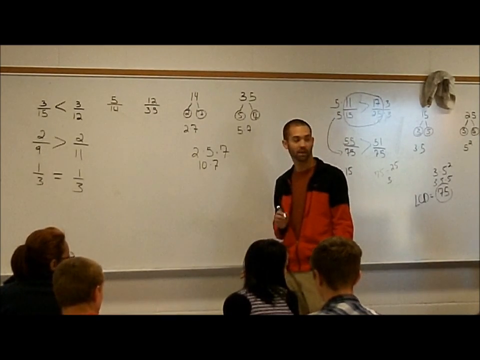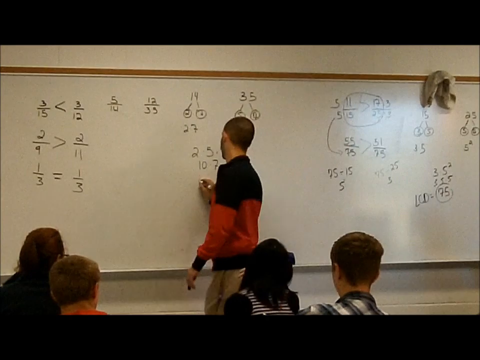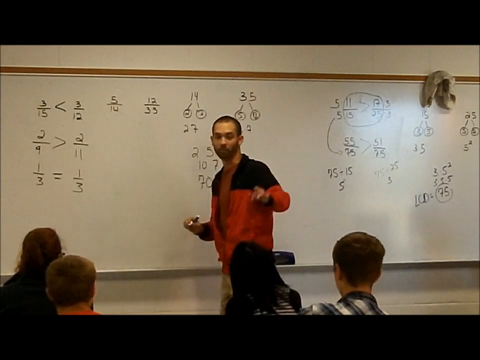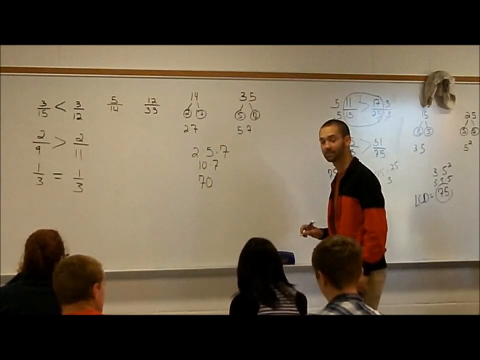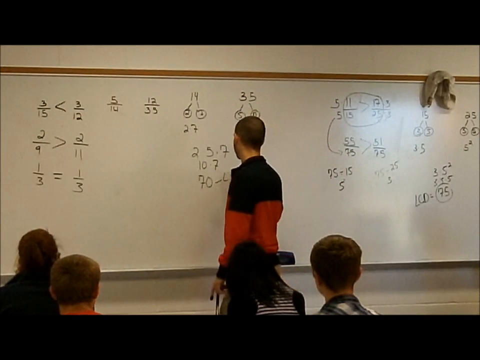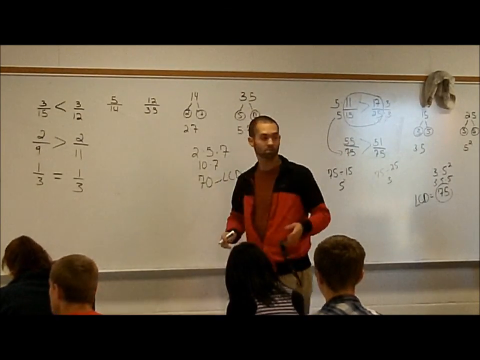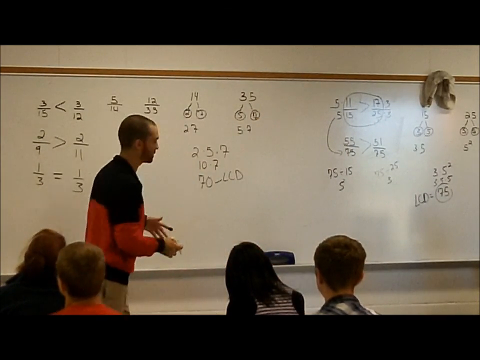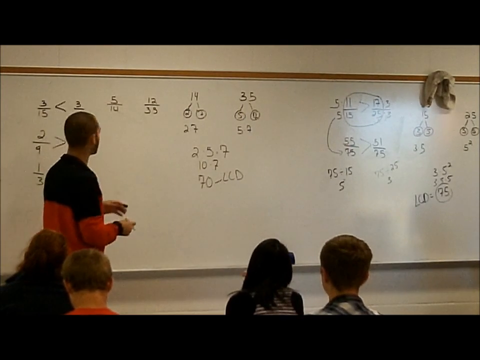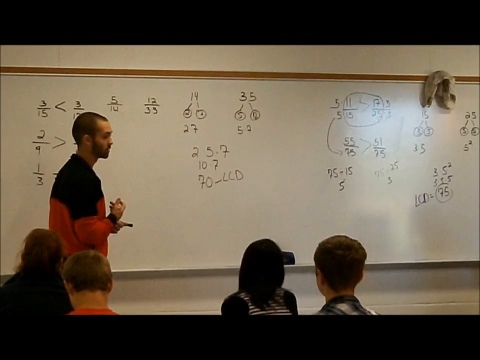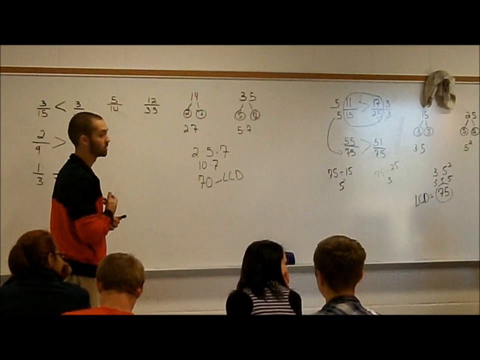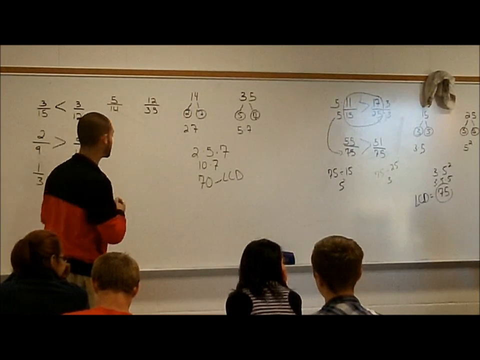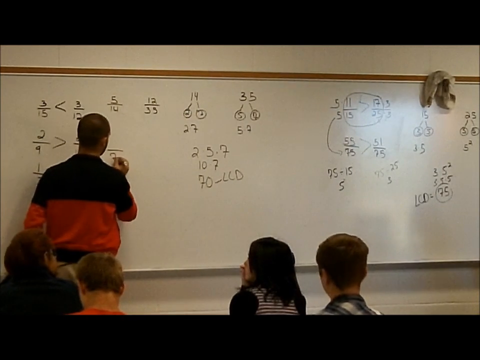10 times 7 is what? 70. What is 70? The LCD. So what do I want to do now with the 70? Is it going to be my numerator or my denominator? The denominator. So here's 70.